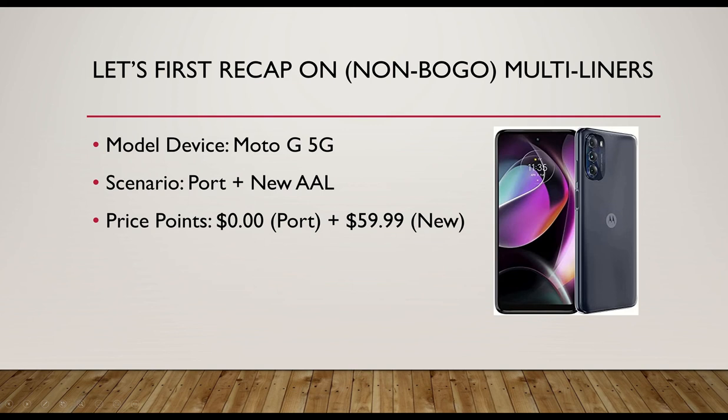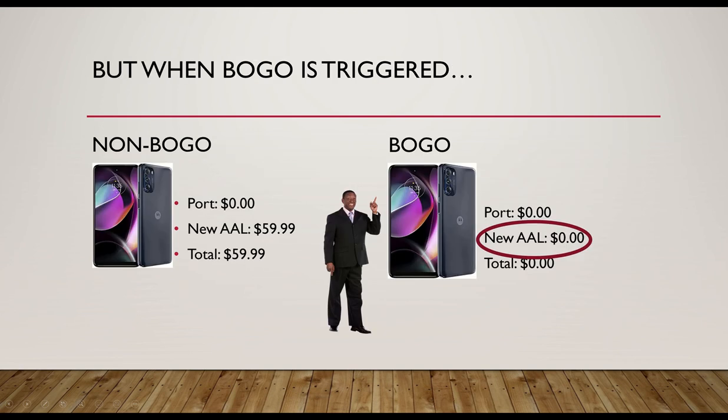That would be if BOGO was not a factor, the correct quoting and pricing for these two phones on a family plan. However, let's look at when BOGO is triggered. Back to the non-BOGO, we're looking at a port at $0 and the new add-a-line at $59.99, so the total will be $59.99 for the two devices. However, when BOGO is triggered, the port is still free, but that actually triggers the add-a-line, even though it's a new number.